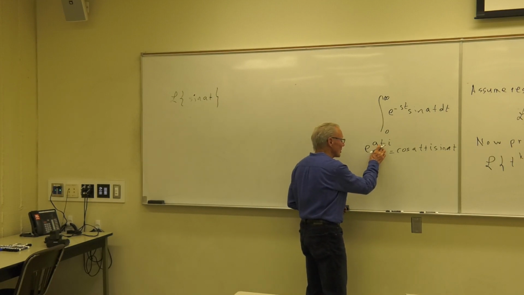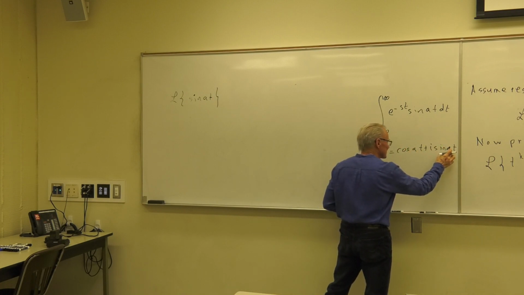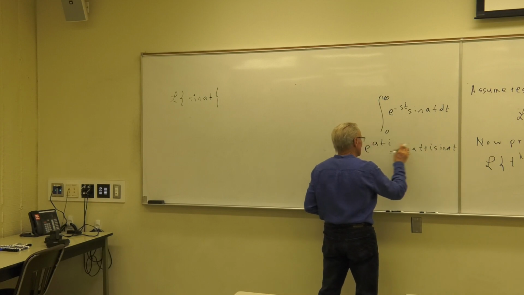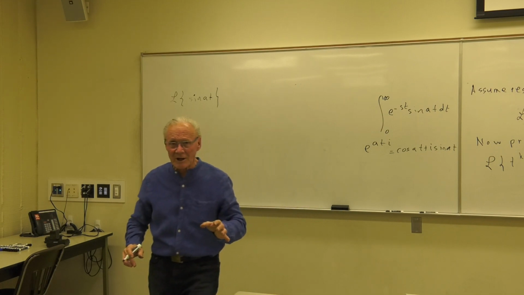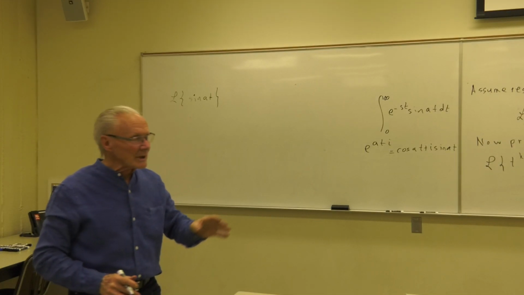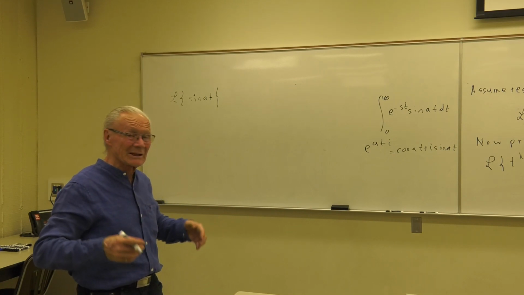Write down the Maclaurin series for this guy, write down the Maclaurin series for that guy, write down the Maclaurin series for that guy, and ask yourself, do these ones add up to that one? That's a good exercise, and it works, giving you some kind of proof that Euler's identity is acceptable.